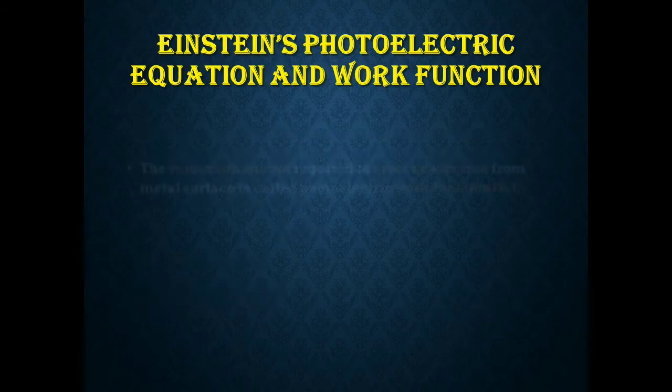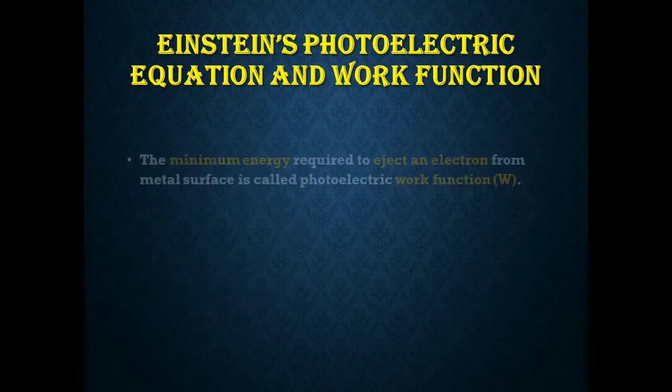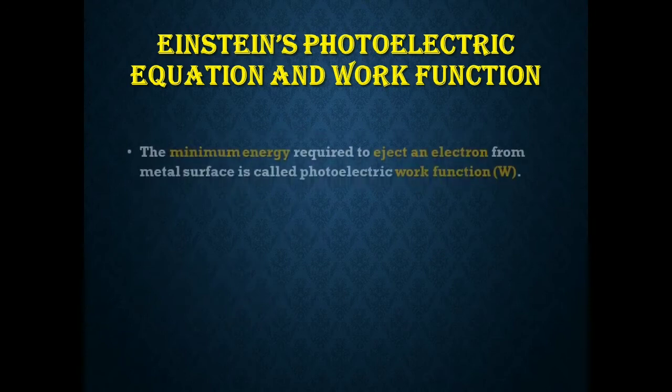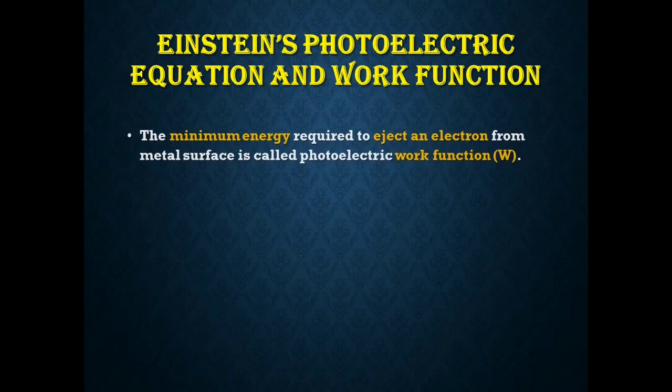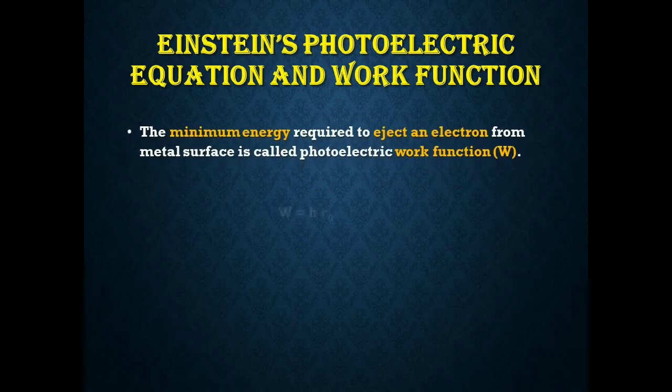So what did he conclude? When we have a sufficient amount of energy to eject a particle from a metal surface, that is called the work function. He gave a wide range of phenomena in the simplest form of an equation. How?